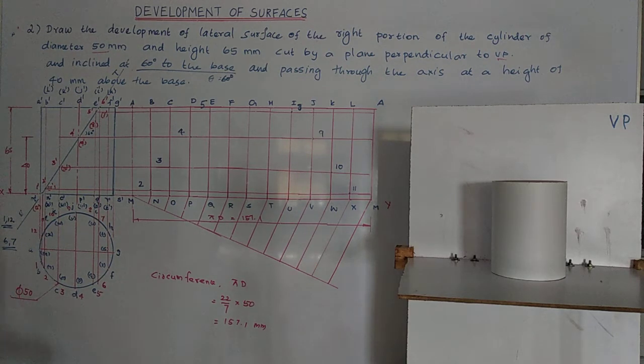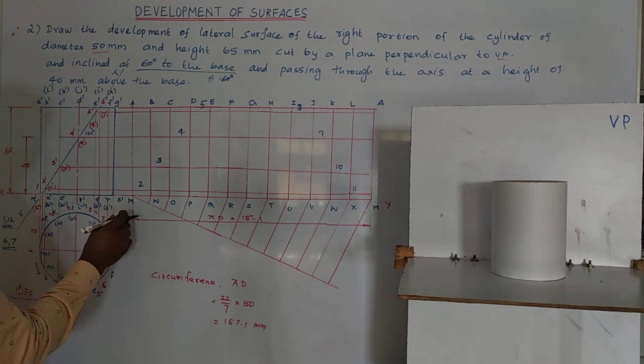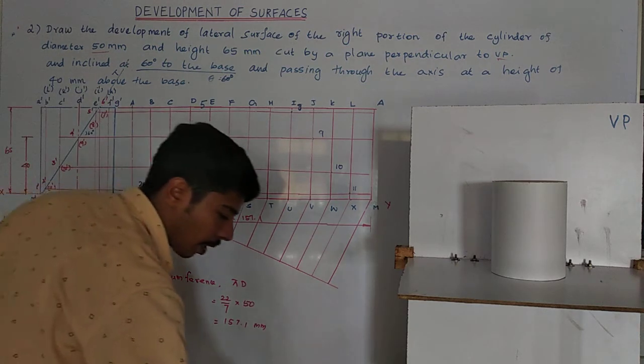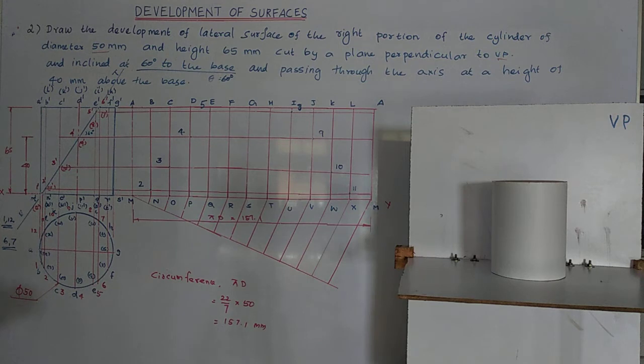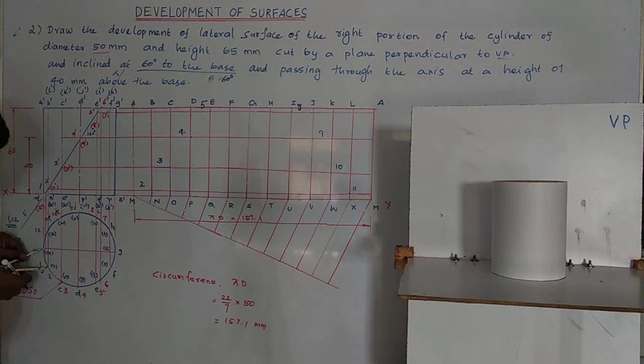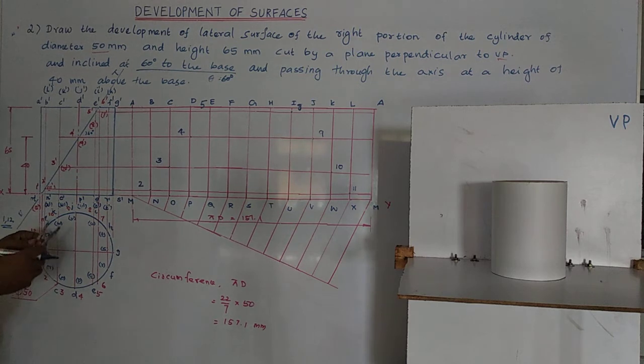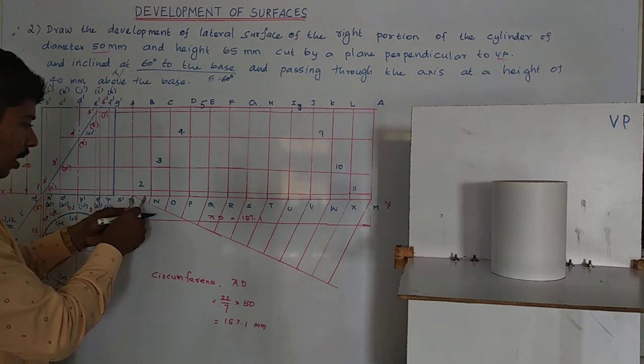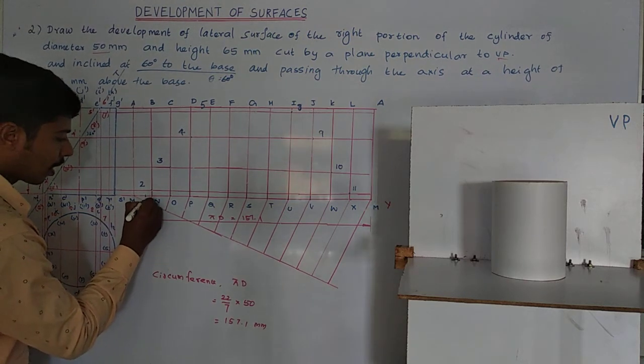So here AB is where it is, M, N. So I mark this distance. Okay. Mark this distance A to B, that is M to N. Measure M to N distance in the top view, and here I mark M to N. So this point is our 1.